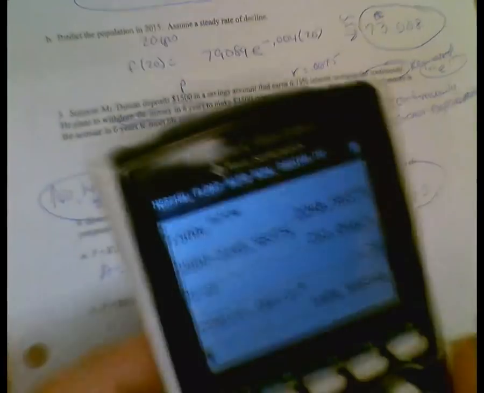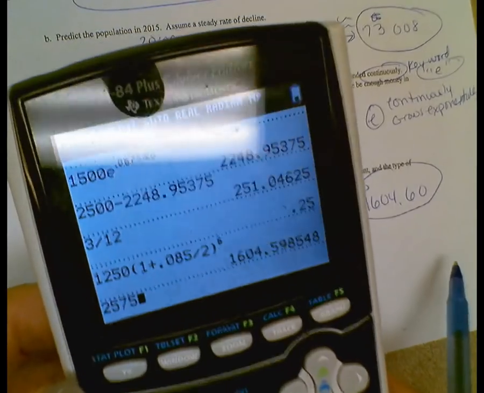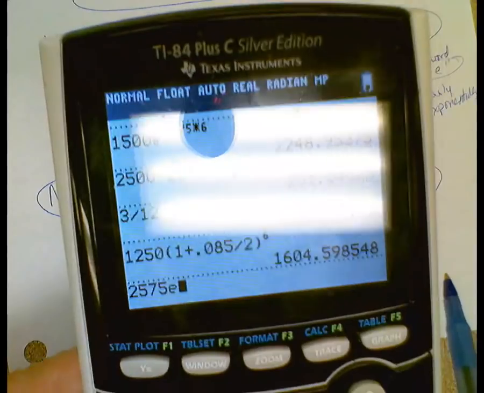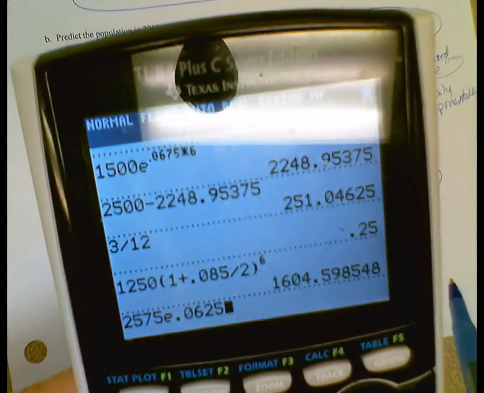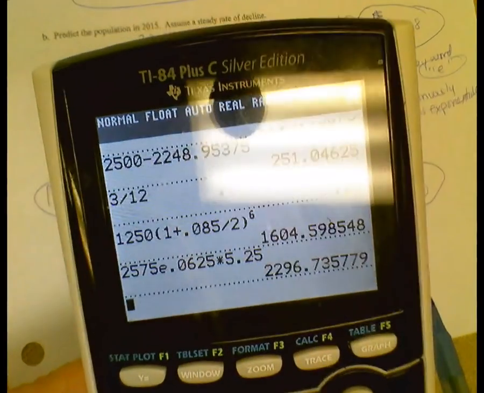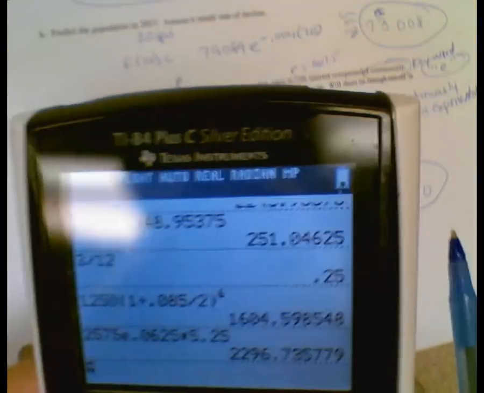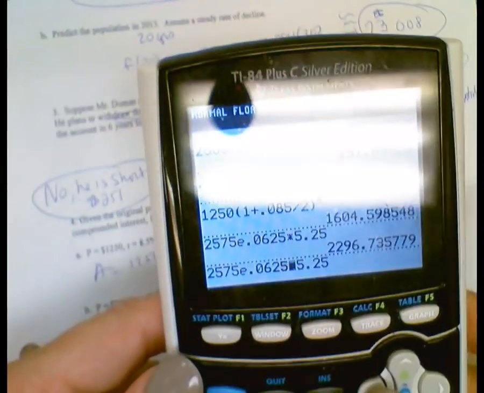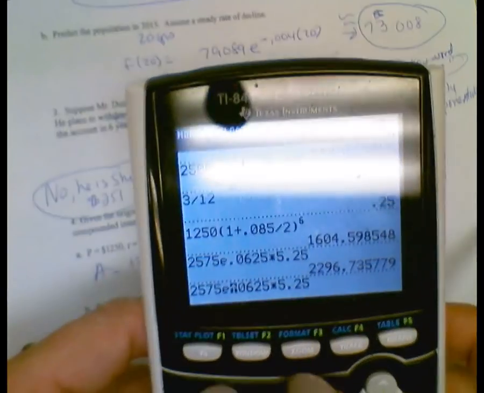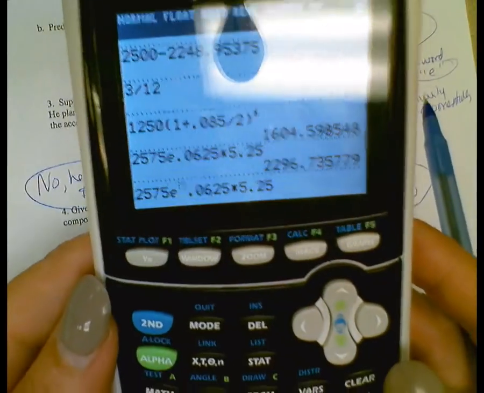The other one, 2575 times E, 0.0625 times 5.25 years. Oops, I didn't do a raise. Let me do that again. I didn't raise this. See this right here? I need to insert a caret.